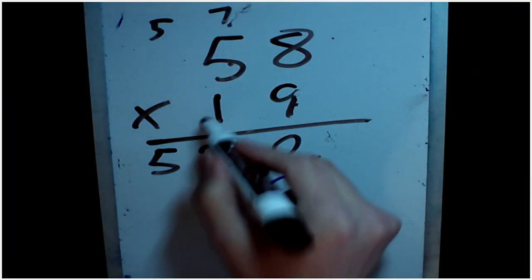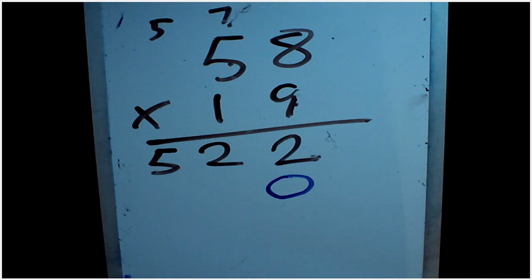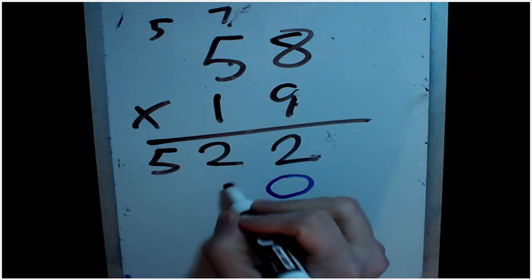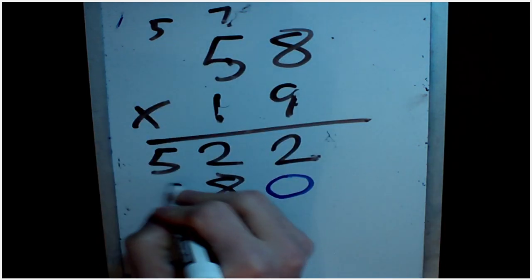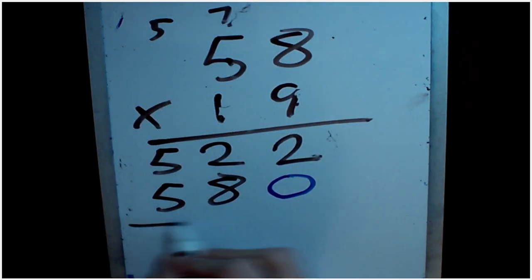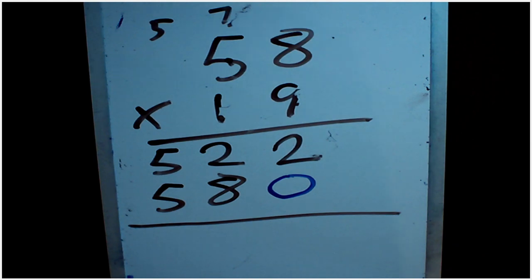We're not saying 10 times 8 like we do in partial products. We're just going 1 times 8 is 8. 1 times 5 is 5. And now I have a nice addition problem to do. The last step is add.